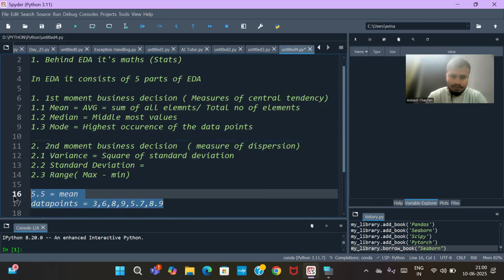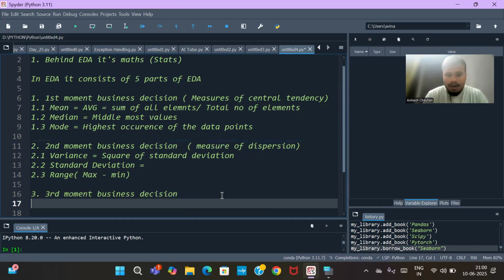Now what's the third? Third moment business decision. What comes under the third moment business decision is known as skewness.